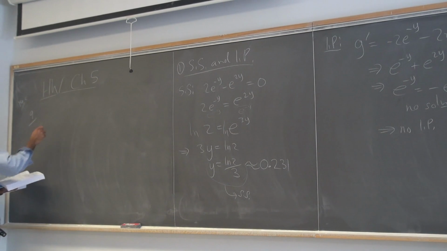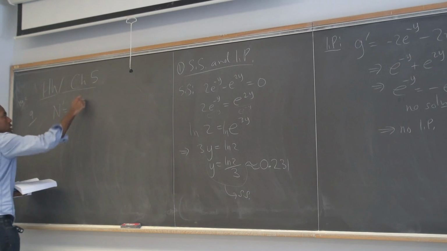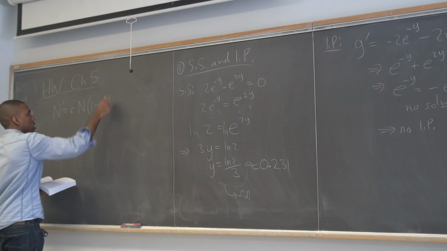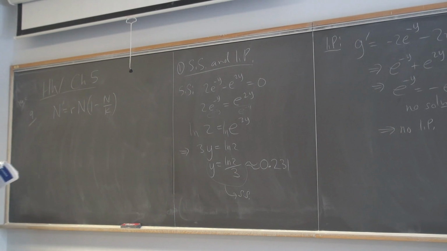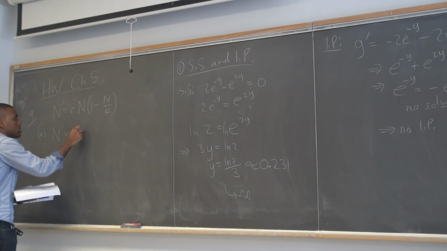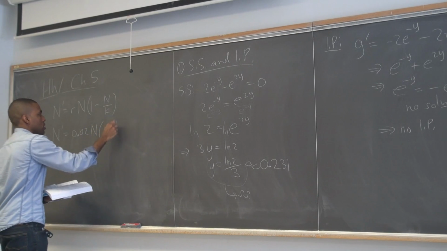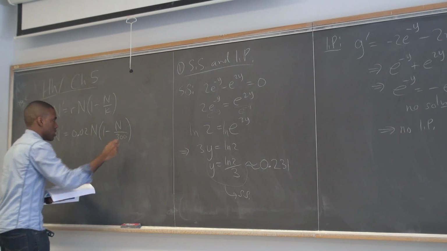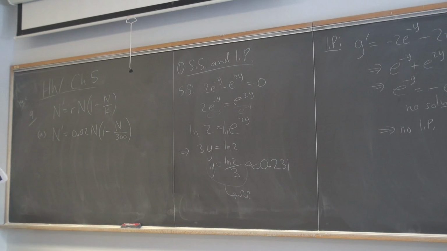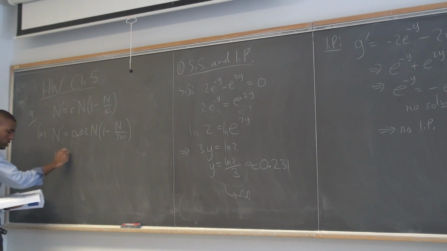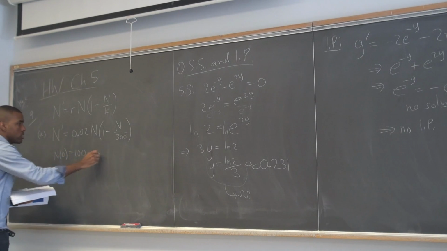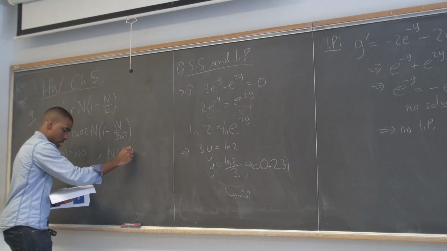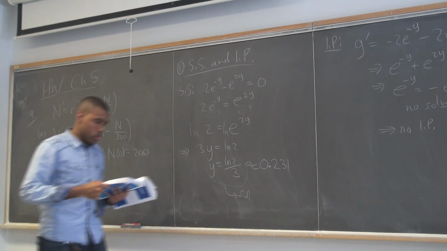So for number 9, I know I'm using N prime equals R N times 1 minus N over K. Part A, they told me R is 0.02 and K is 300, and that's the equation I'm dealing with. I want the initial population to start at 100 or another one to start at 200, and we want to graph that.